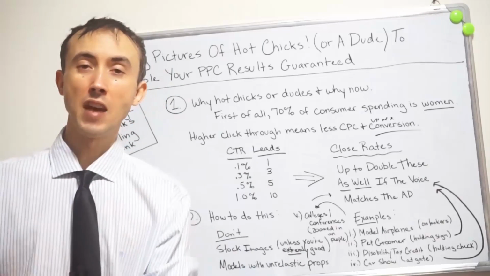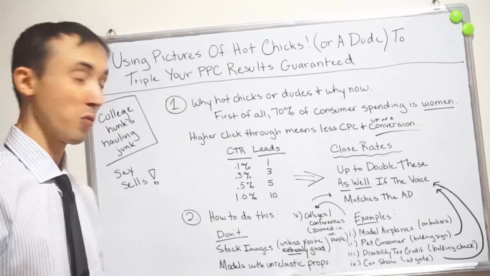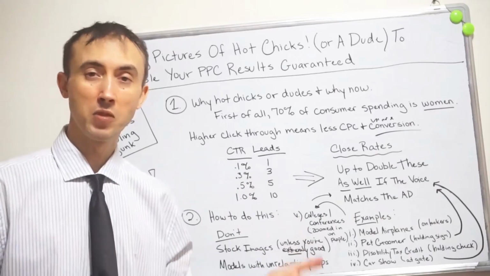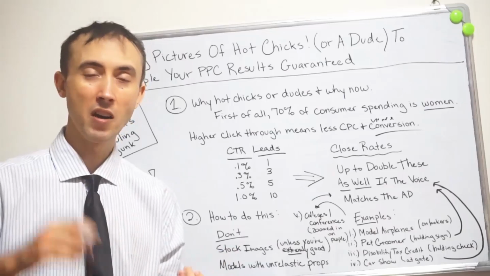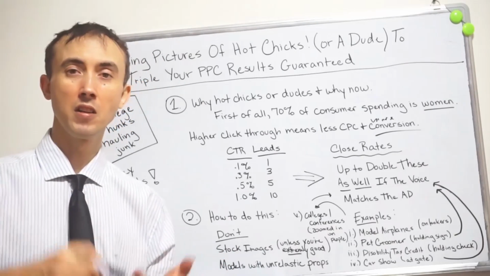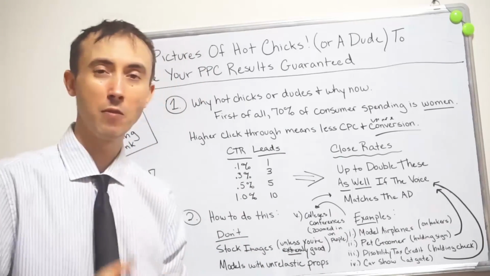So there are a lot of results to be had here. All it takes is lining up a single day to get yourself a model and a good photographer, and spending $1,000 to get that one really nailed photograph, or two or three. I promise you, you will not be sorry.